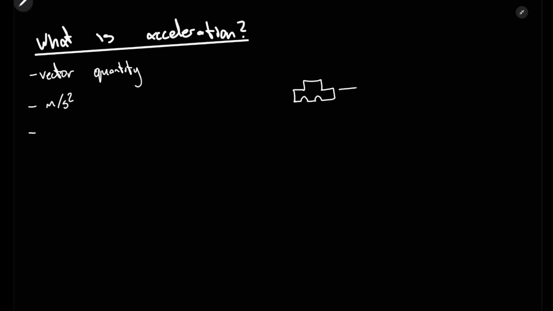There's a car, and it goes from 0 kilometers per hour to 100 kilometers per hour over this distance, which is in the direction of east. This car, the acceleration is in the east direction. Okay?